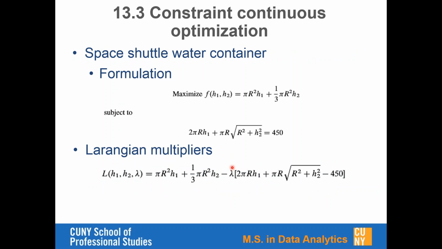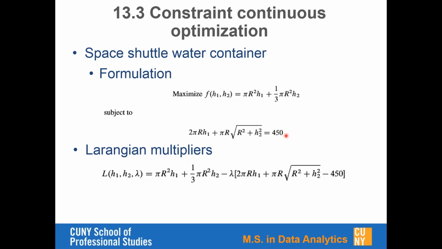And then the textbook has another example, which is the space shuttle water container. As we can see, similarly, we have an objective function and a certain constraint, and we set up the Lagrangian multipliers approach, which is the objective function minus lambda times this one minus 450. It really doesn't matter if you use minus or plus lambda.